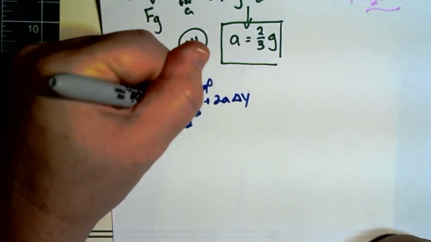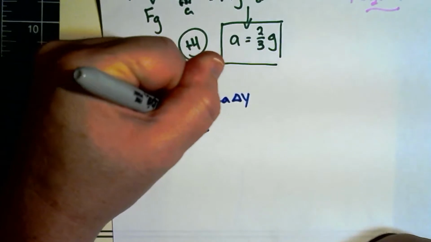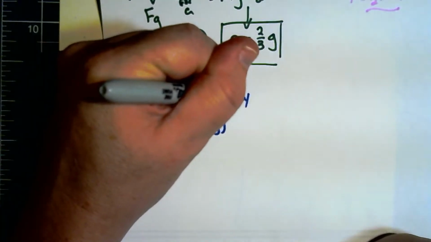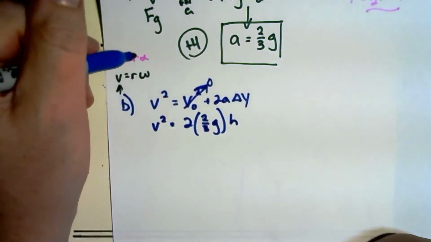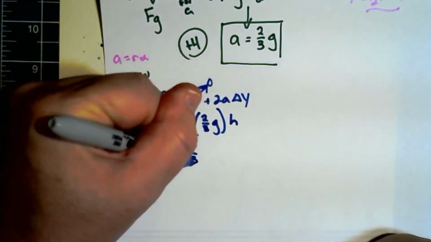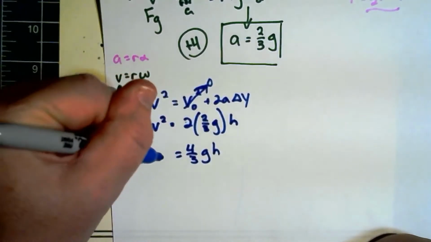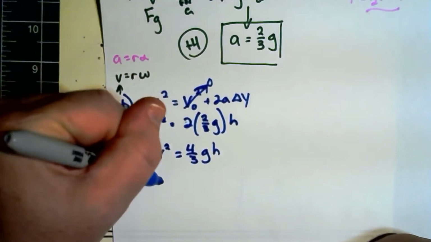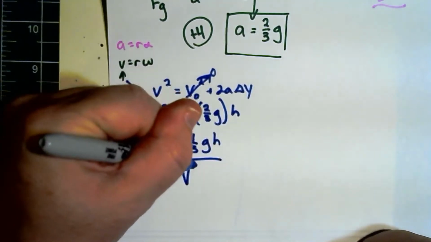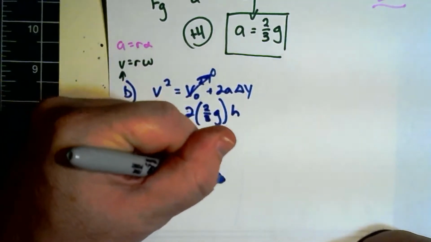My acceleration is 2/3 of g, and my change in vertical position is just the height. And so 2 times 2 is 4, so we get 4/3 gh. That's going to equal v squared, and of course v is equal to the square root of 4/3 gh.